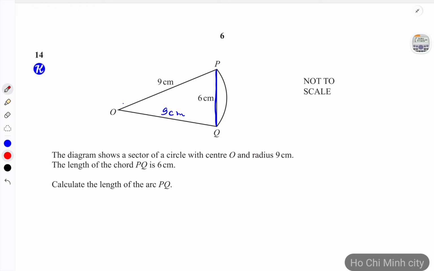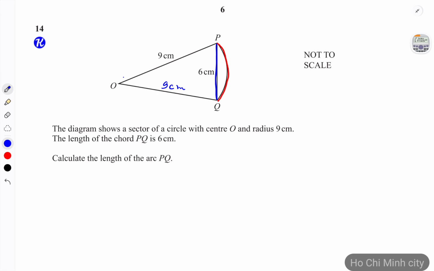So the arc would be in the red line here. It is very important to find out the angle POQ because that angle is very crucial in terms of finding out the length of arc PQ.